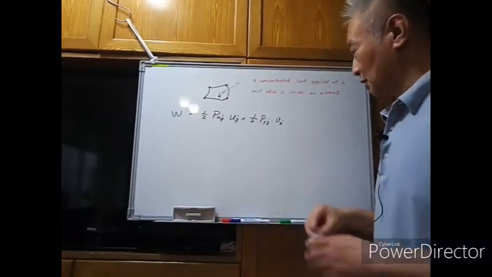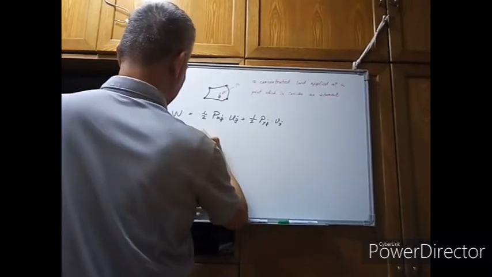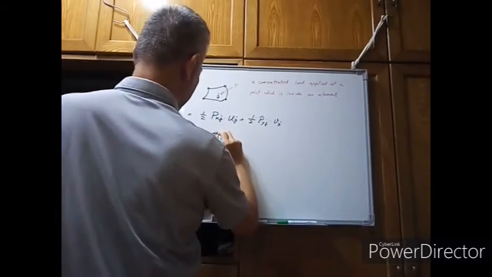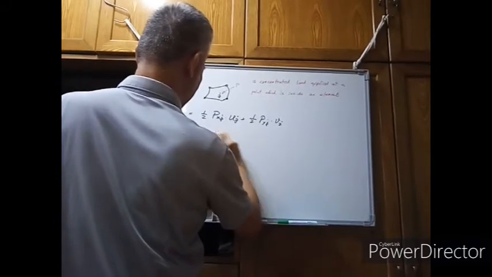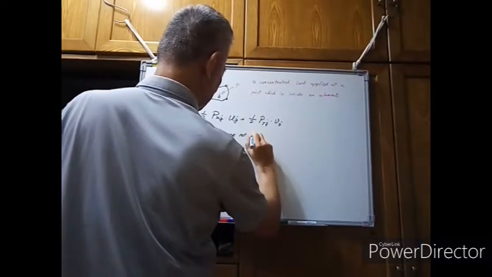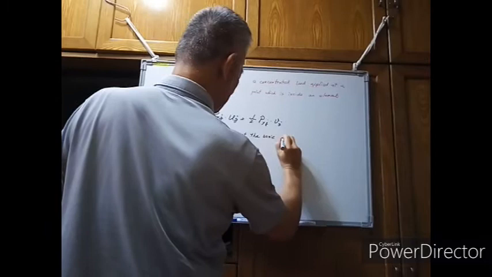So the uj and the vj are not the basic unknowns.